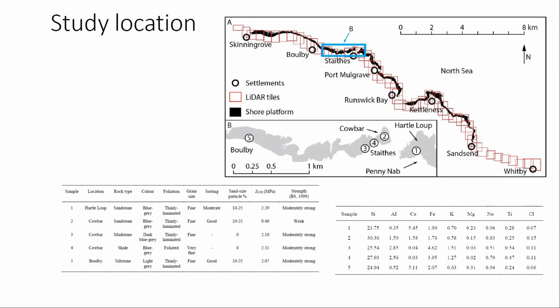We picked 2 sandstone locations, Hartley Rope and Cowbar, at both sides of Staithes Harbour. Because Cowbar has some mining history, we rejected it so as not to sample surfaces potentially modified by human action. So we ended up with Hartley Rope shore platform as our site for cosmogenic isotope dating.